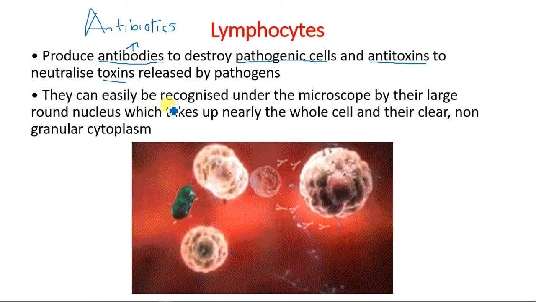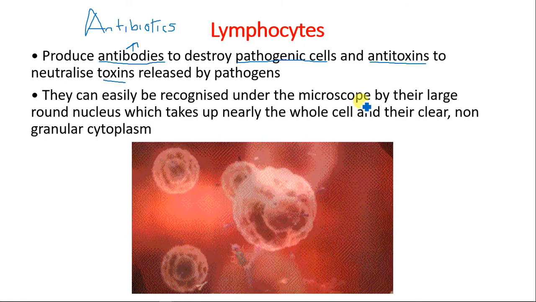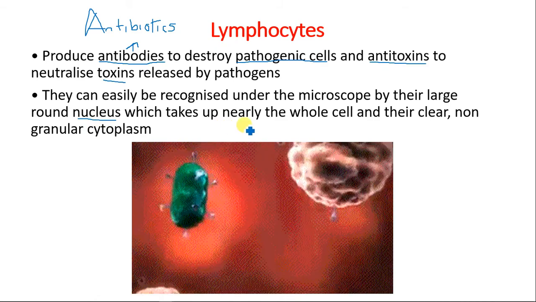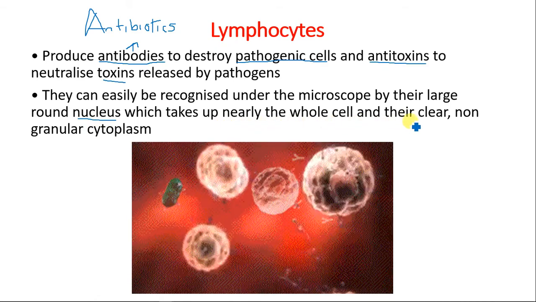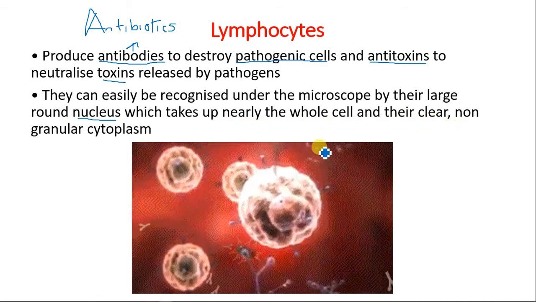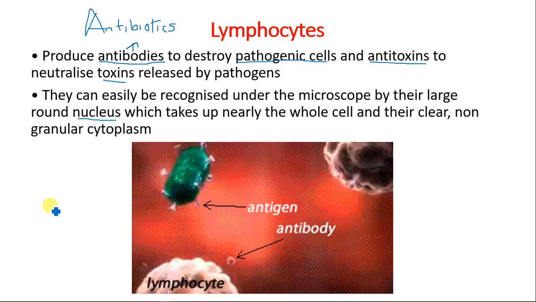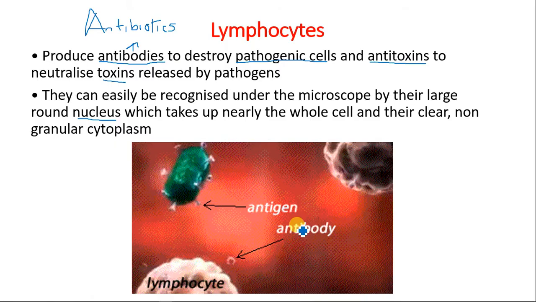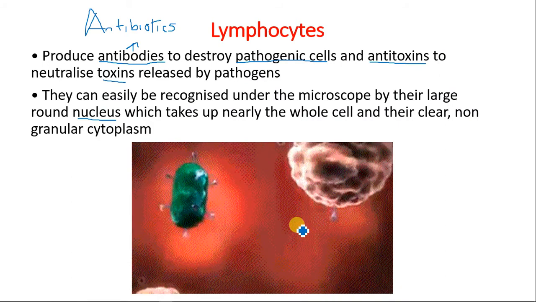Now, they can easily be recognized under the microscope by their large round nucleus, which takes up nearly the whole cell, and their clear non-granular cytoplasm. So remember we looked at it here. They have a large clear nucleus, and they produce antibodies and antitoxins.